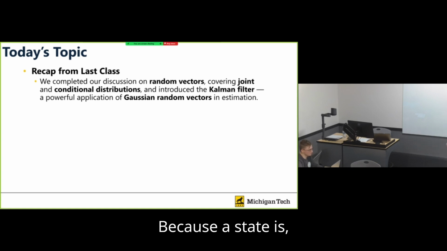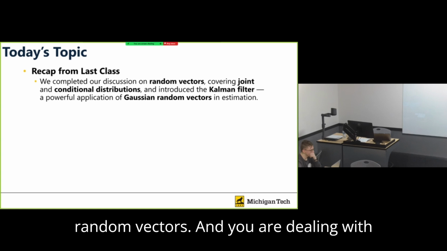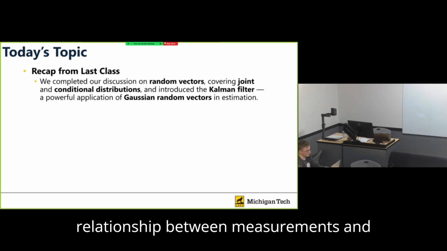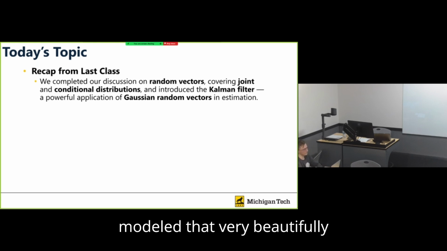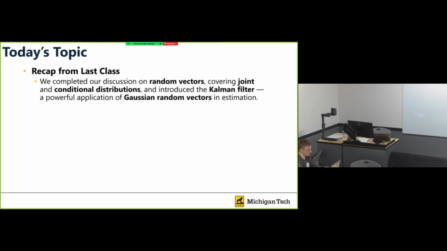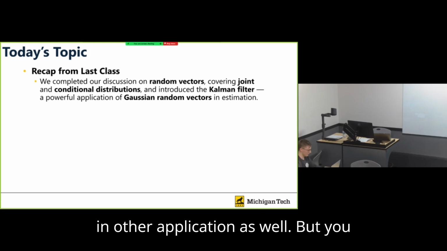Because a state is, for example, one random vector and measurements are another random vector, and you are dealing with the relationship between measurements and state, and we modeled that very beautifully using Kalman filter, and that was amazing.